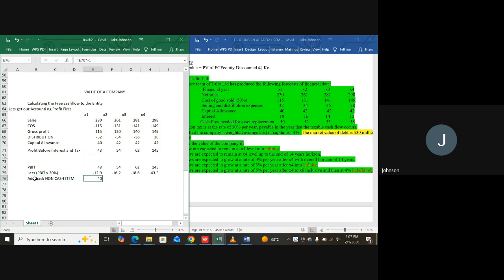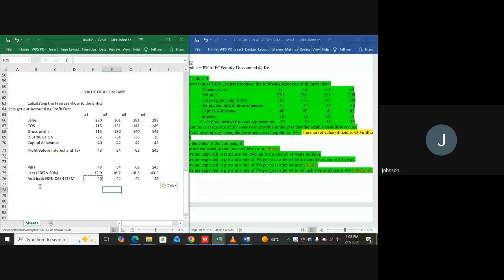So we are adding back because at the top there, we subtracted it before. It is negative there because it's like an expense, so I needed to multiply it by -1 to bring it back to plus. That is why we added back our non-cash item, which is depreciation or capital allowance.